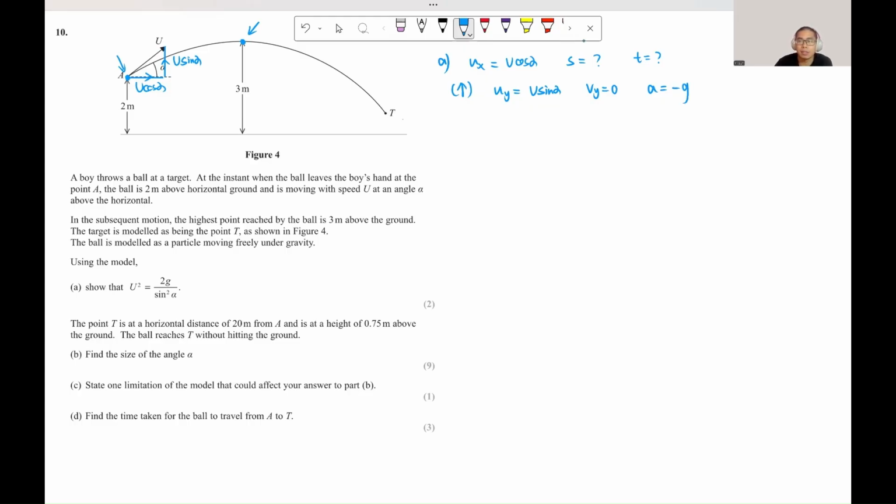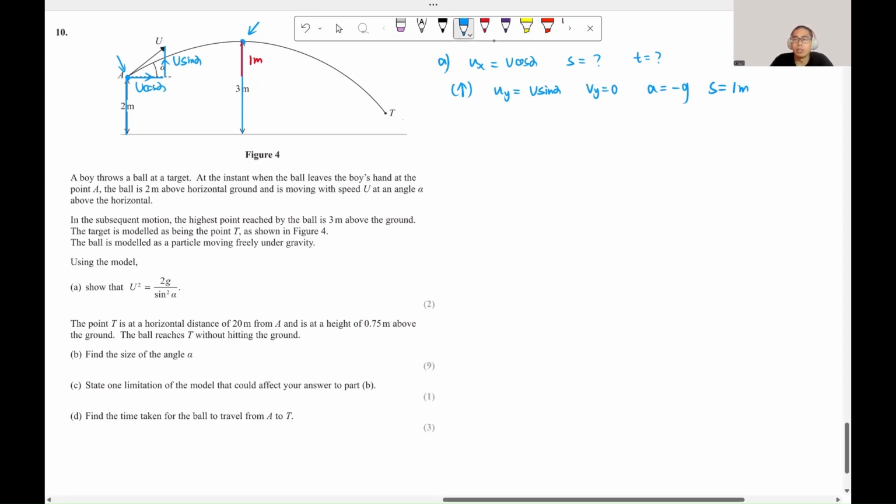And s: this is 2 meters above the horizontal ground, and this is 3 meters above the horizontal ground. So from the initial position to the end point, the displacement should be this 1 meter. So let's label it here. s is equal to 1 meter.